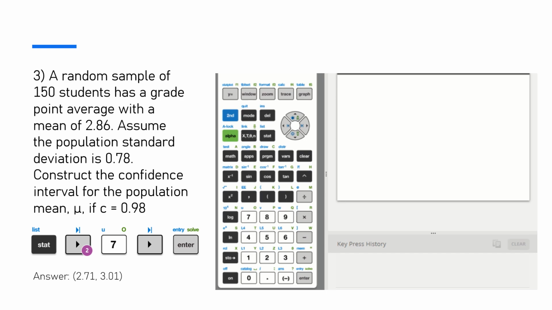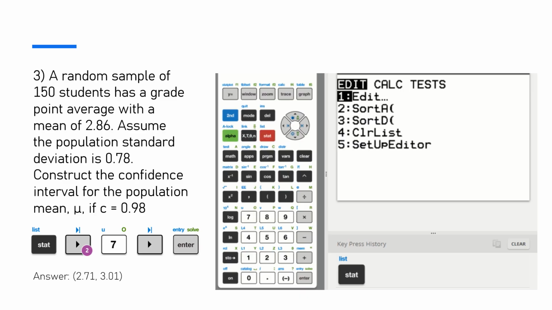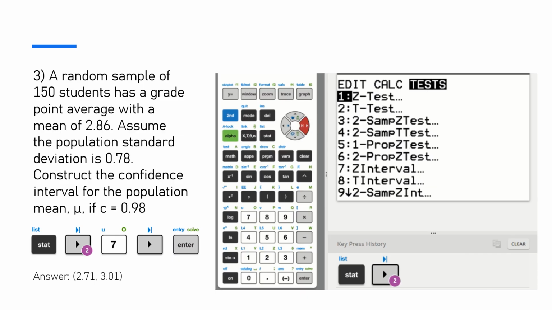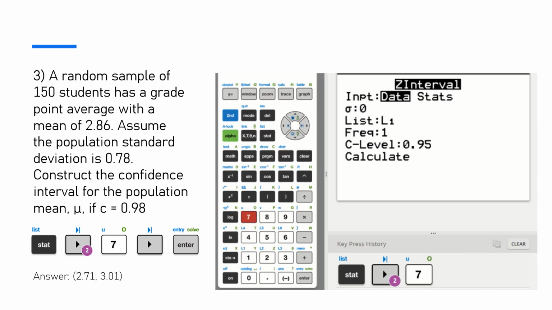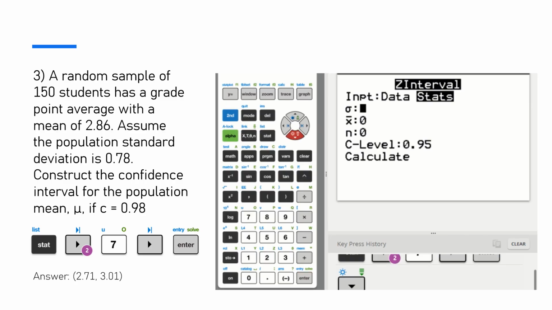Since they only asked for the interval and they don't want to ask us about E or any of that other stuff, then we're just going to go to stat, go over to tests, and then number 7 is your Z interval. And we want to ask it about stats. We don't have a data set. We have information like the standard deviation and mean and all of that. So our sigma is 0.78.